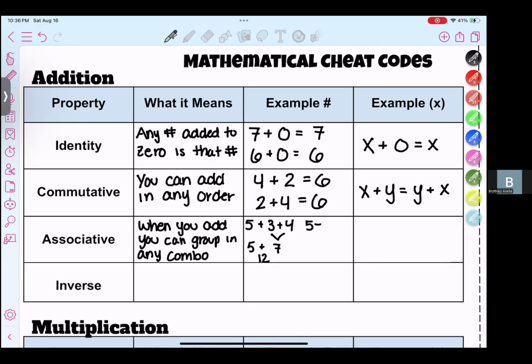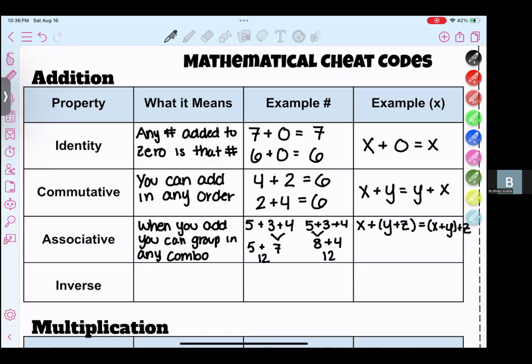Or if I have 5 plus 3 plus 4, and I do 5 plus 3 first, gives us 8, plus 4 gives us 12. So you can group in any order and do the math in any order when you're adding. So with letters, that means x plus (y plus z) is the same as (x plus y) plus z.